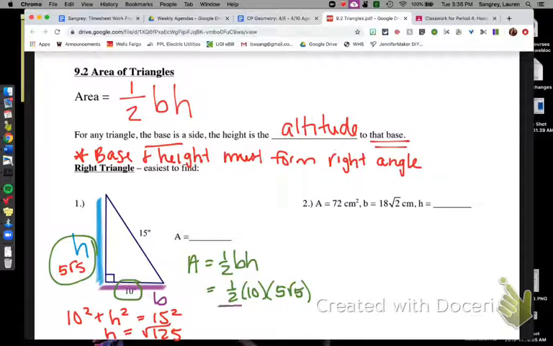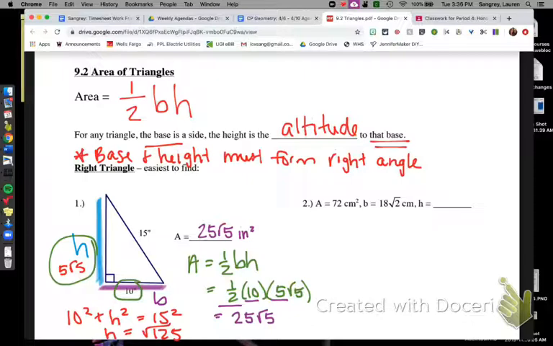So we're multiplying 1/2 times 10 times 5, which is 25, and then we still have the root 5. So this area is 25 root 5, and this is squared inches. Okay, so the biggest thing is you're trying to identify your height and your base and make sure your height and your base always form the right angle together.